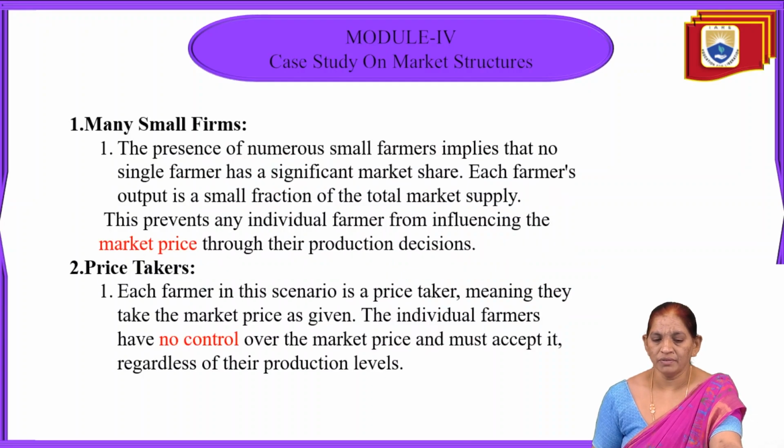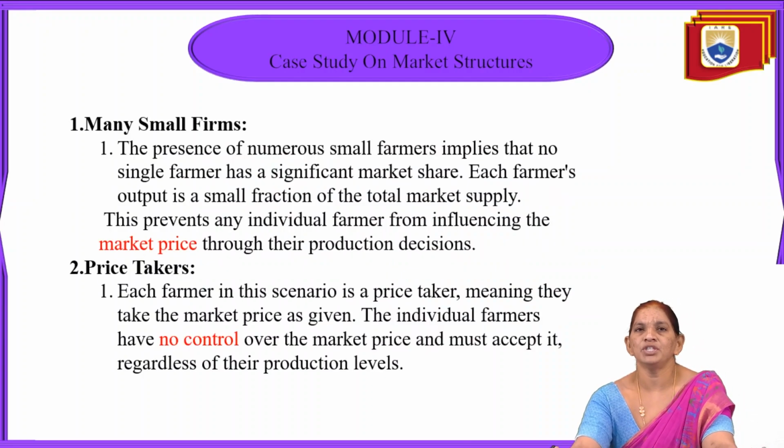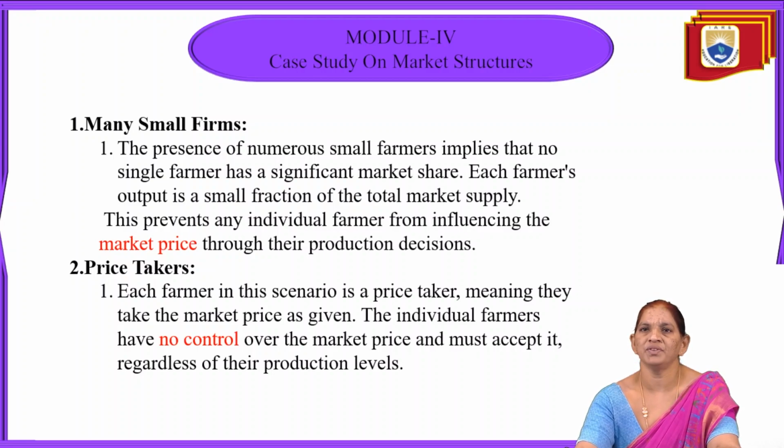Along with that we have another key feature of perfect competition: many small firms. A number of firms send the product to the market. The presence of numerous small farmers implies that no single farmer has a significant market share. Each farmer's output is a small fraction of the total market supply.